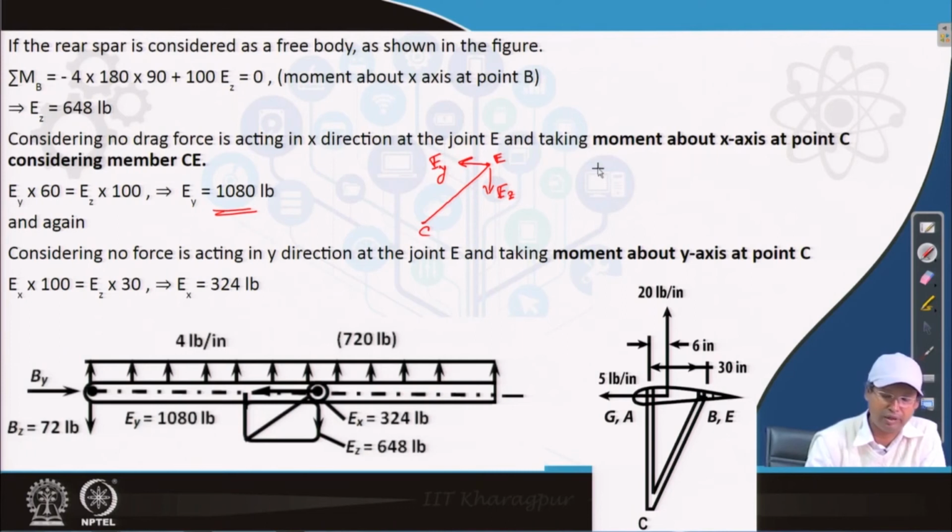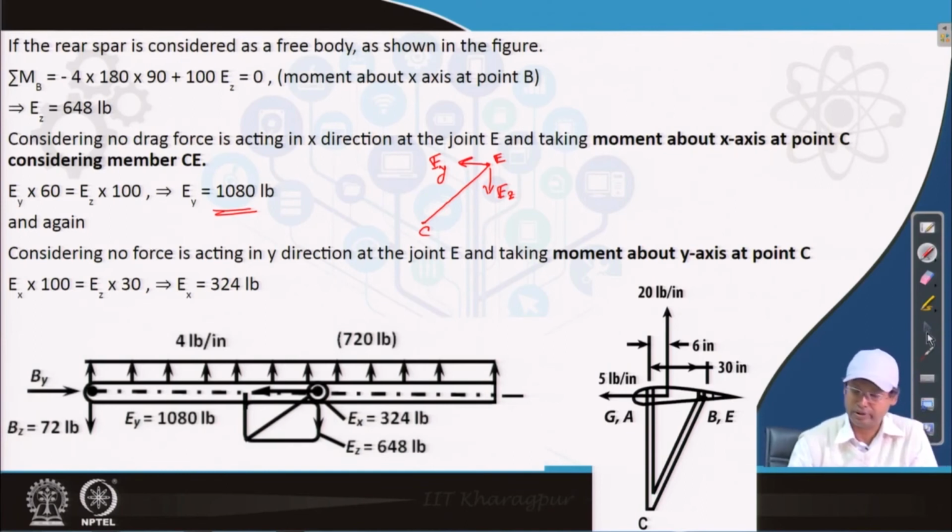A similar visualization like this, and we get the value of 324. This is the force 324 acting from the board towards me, so we need to consider the other direction moment to find that out.